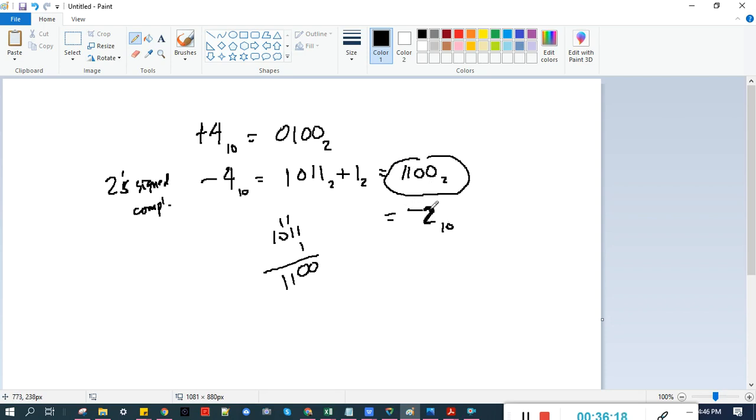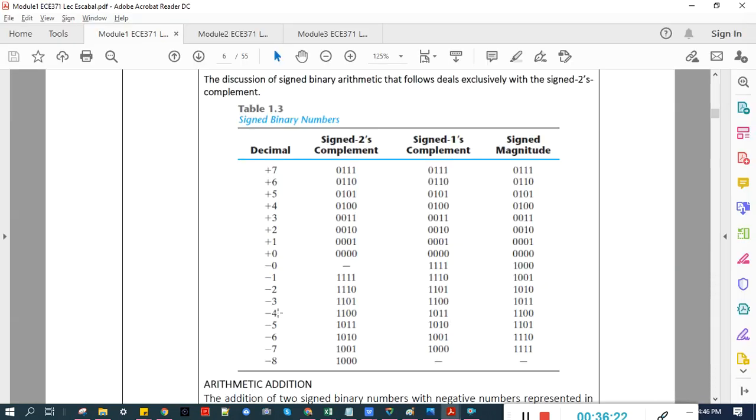So negative 4 base 10 is equal to 1 1 0 0 base 2 using signed 2's complement.